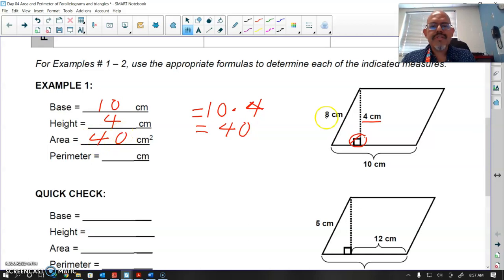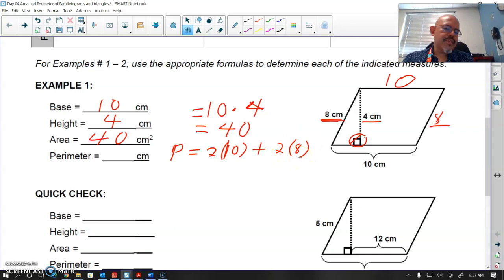Perimeter, well, that's pretty easy. We have our length, which is right here, and the length is also the same over here. And remember, we're always talking about the rim, or the length of these sides, all put together. So perimeter is equal to, since there are 2 bases, 2 times 10 plus 2 times 8.